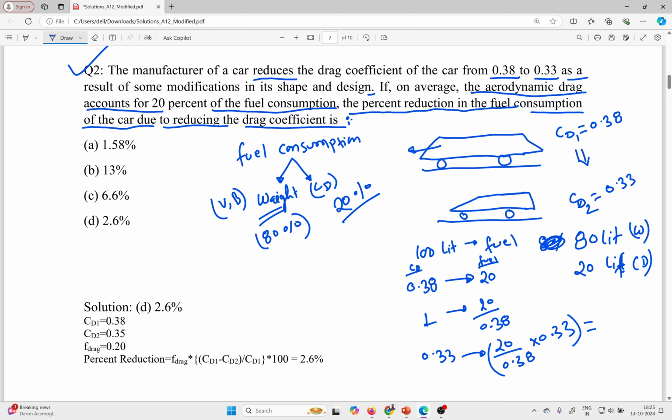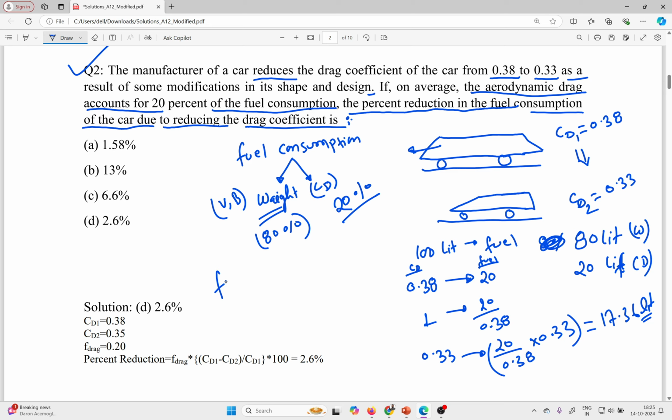0.20 divided by 0.38 into 0.33, it will become around 17.36 liter. Right. Now how much reduction?